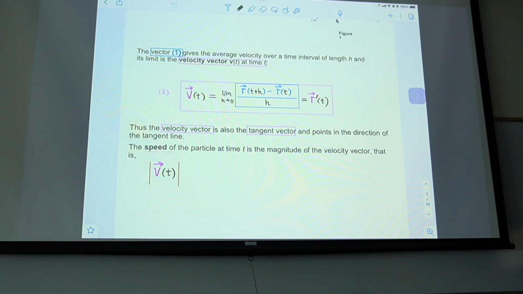Speed is the magnitude of the velocity. So for magnitude, we put the absolute value there, and we figure out the magnitude of the velocity, and that will be the speed. Speed is a scalar, a magnitude. Velocity is a vector. It has magnitude and also direction.